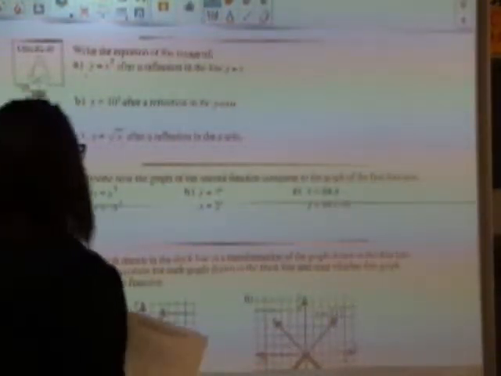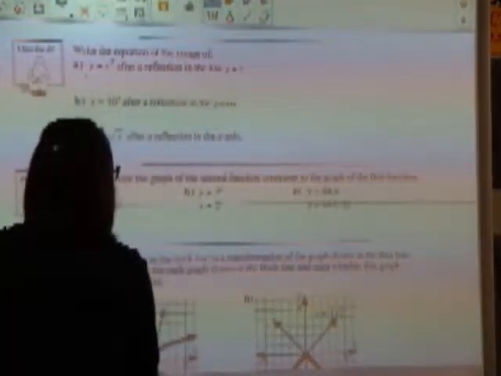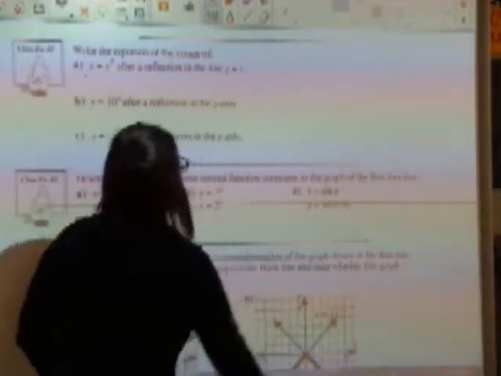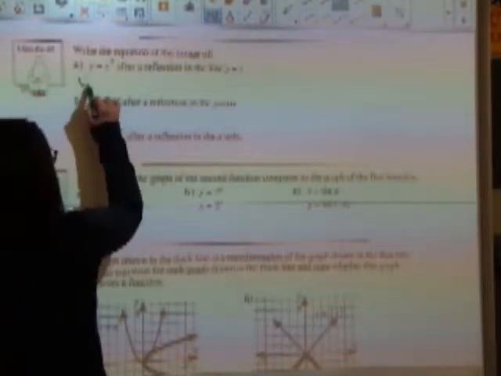So if I look at class example number 1, it says, write the equation of the image y equals x squared after a reflection in the line y equals x. So when I reflect in the line y equals x, what are my replacements? Yes.